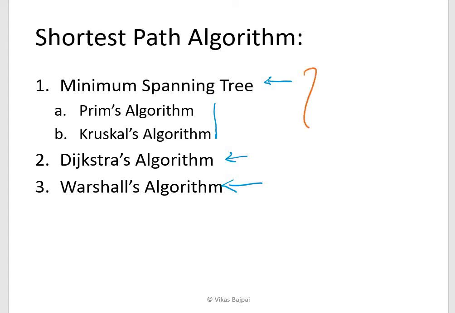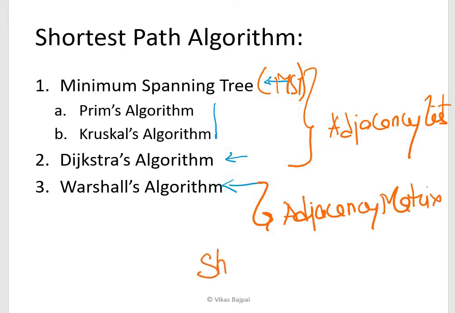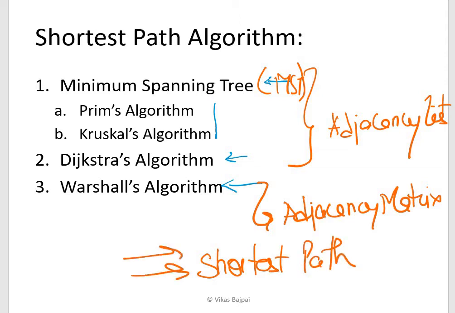While these two, your minimum spanning tree and your Dijkstra algorithm, use adjacency list, this particular Warshall's algorithm uses your adjacency matrix for finding the shortest path, and that's what our main aim is. Our main aim is to find the shortest path.